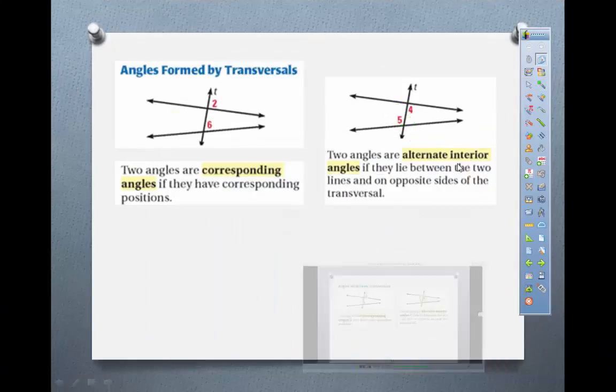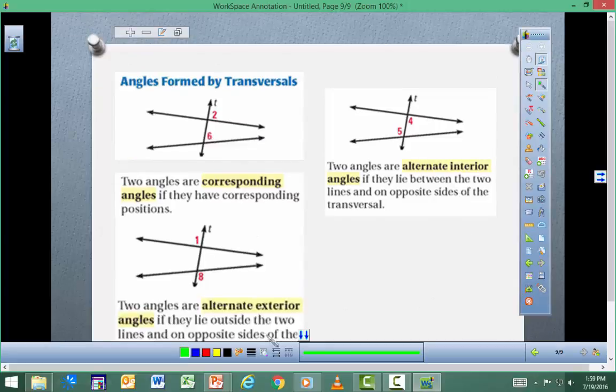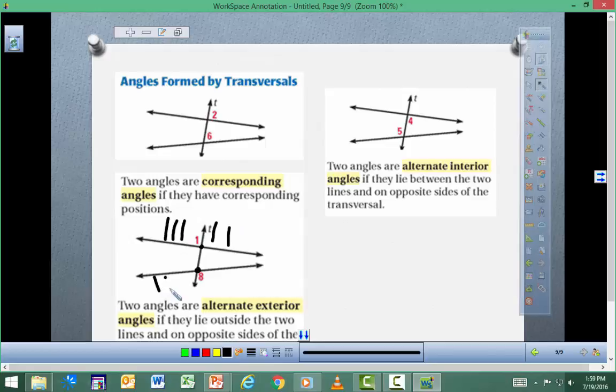Okay, so let's continue with the alternate exterior angles. So here's the repeating idea again. We have an angle from this group, an angle from this group. The exterior area is this part out here. There's another exterior area out here. And remember, you have to flip sides.